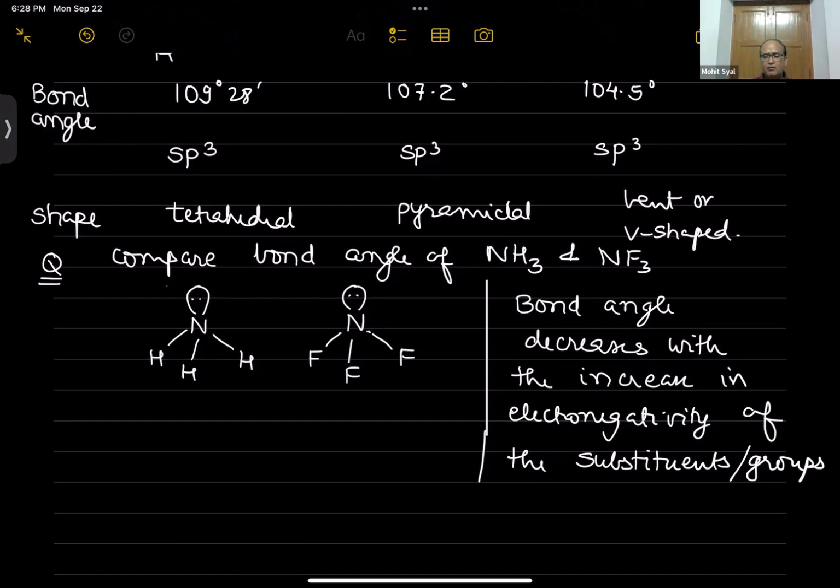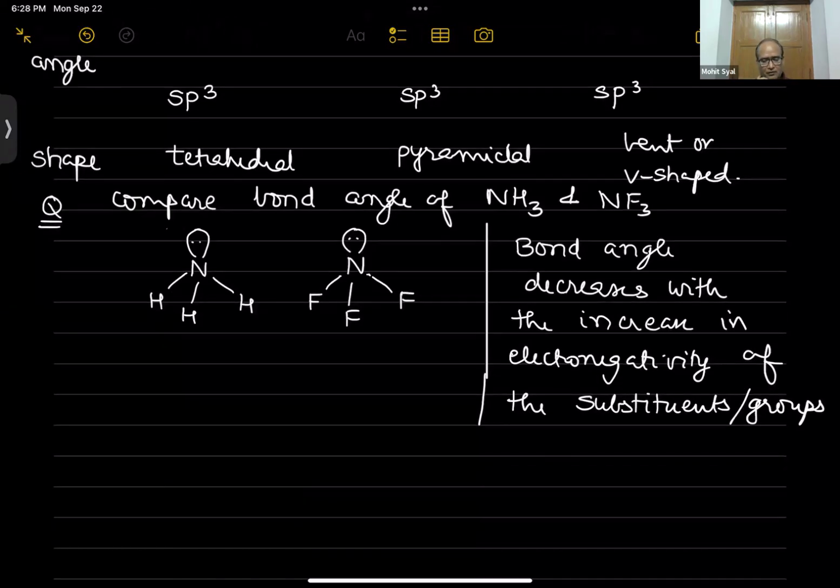Who is the most electronegative element of the periodic table? It is fluorine. And an electronegative substituent has a large tendency to pull the electrons. Now look at this very carefully.